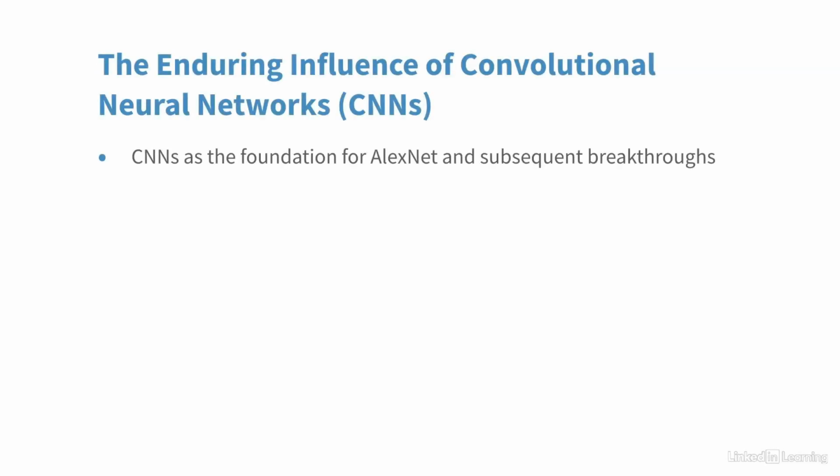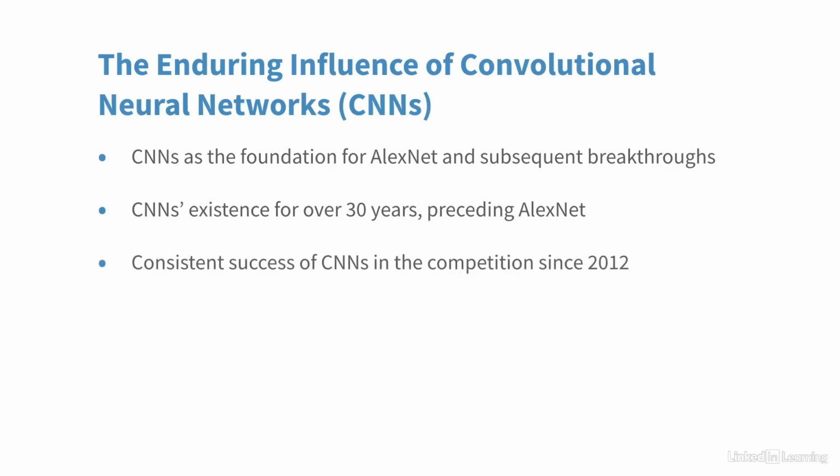But as we've discussed before, the ideas behind deep learning and AlexNet existed well before 2012. AlexNet is a direct descendant of a method that was over 30 years old at the time, the convolutional neural network. Since 2012, every winner of the ImageNet Large-Scale Visual Recognition Challenge has been a convolutional neural network, with more recent entrants achieving top 5 errors of less than 2.5%.